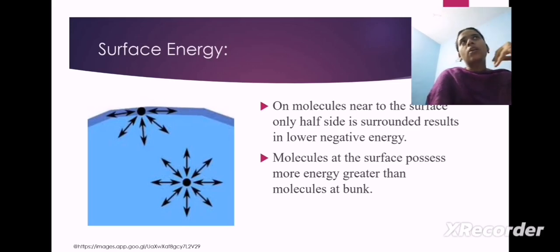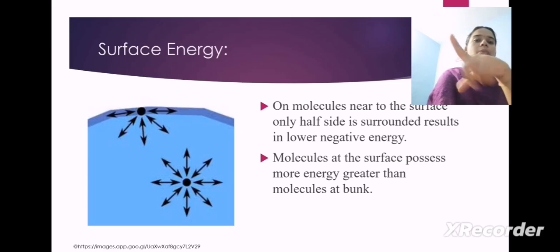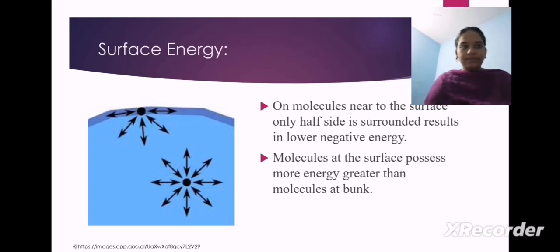So comparing the negative energy from all the surrounded molecules in the first case with the second case, we can see that the molecules on the surface possess more energy than molecules in the bulk.